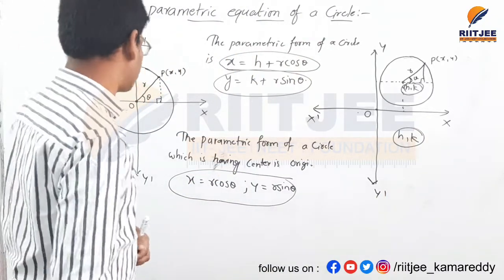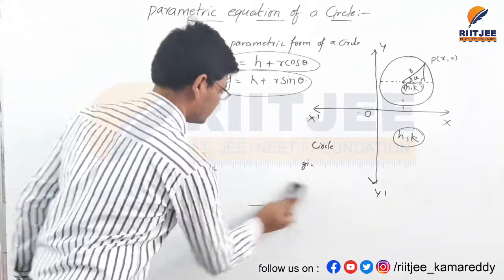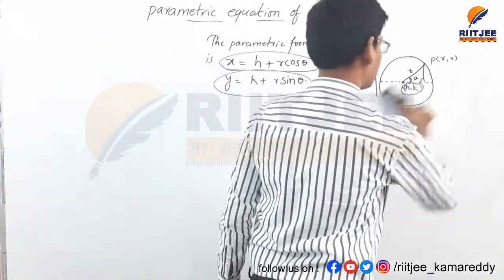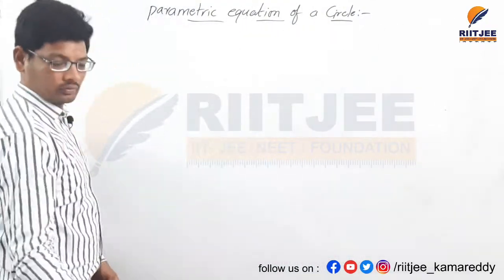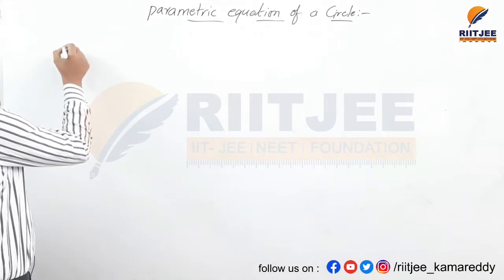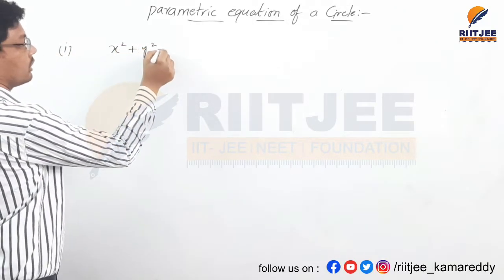Let us take some examples here. The first example is x square plus y square is equal to 25.